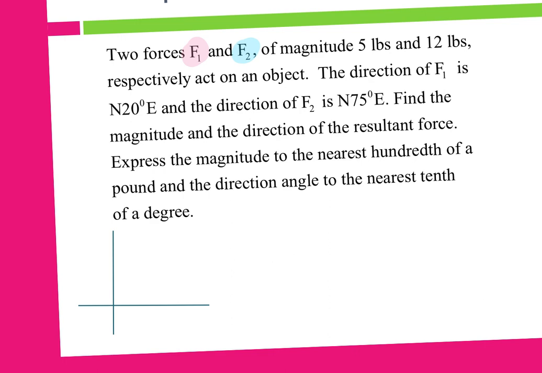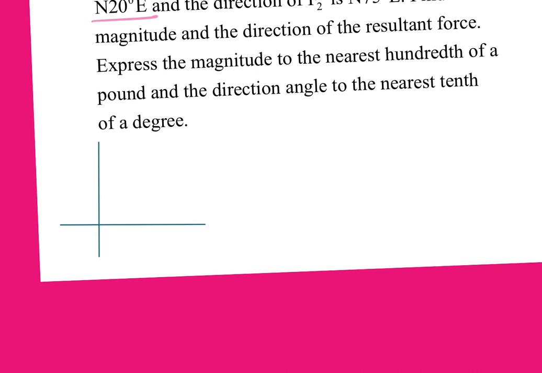So force 1 is going north 20 degrees east. So I would go north and then east to the right. That's going to be 20 degrees, and that's going to be force 1.